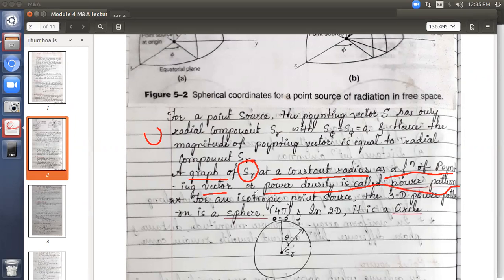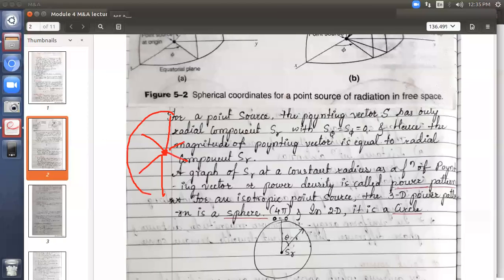And if you see an isotropic point source, an isotropic hypothetical antenna, if you keep a point source here, it radiates in all directions, and not a circle but a sphere. I cannot draw a sphere on the two-dimensional paper. So if this is a sphere, if it radiates in all directions equally, what angle is it covering?